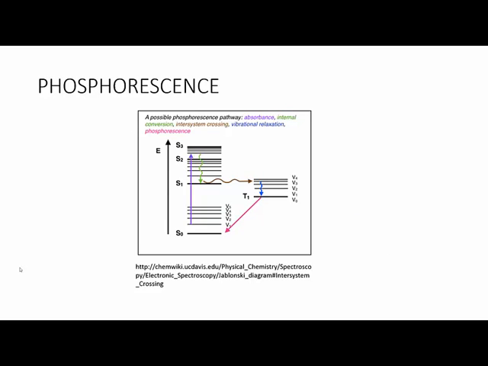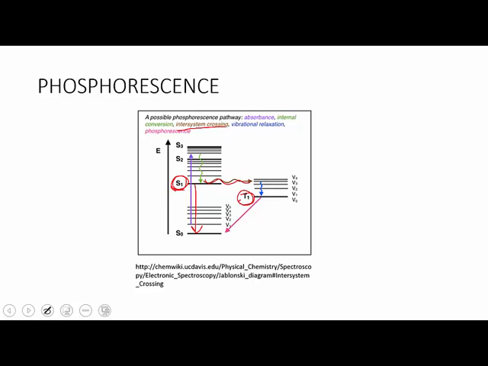Another path that the electron can take when relaxing back down to the ground state and emitting light is phosphorescence. If we take a couple steps back and look at fluorescence again, when fluorescence occurs, the electron is excited to a singlet state and relaxes back down to the ground state from a singlet state. In phosphorescence, we have what's called an intersystem crossing, where the excited electron converts from a singlet to a triplet state.